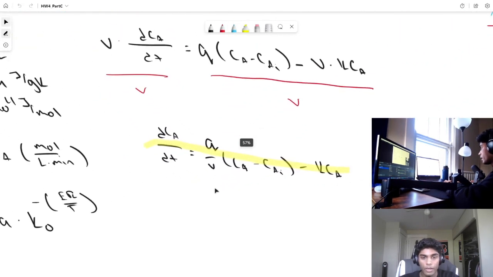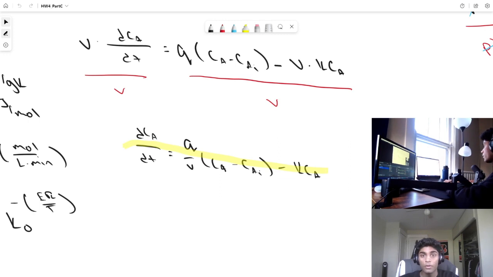We can start coding in our other little differential equations that we have.